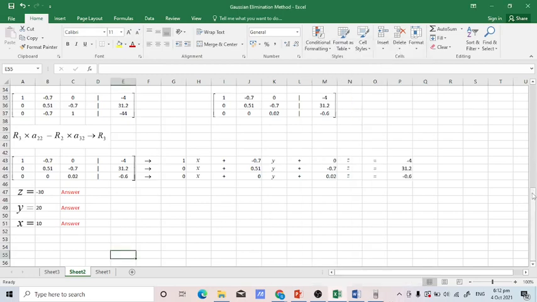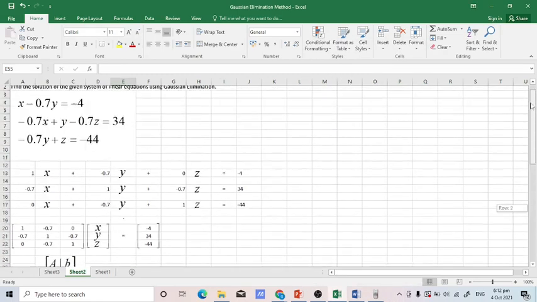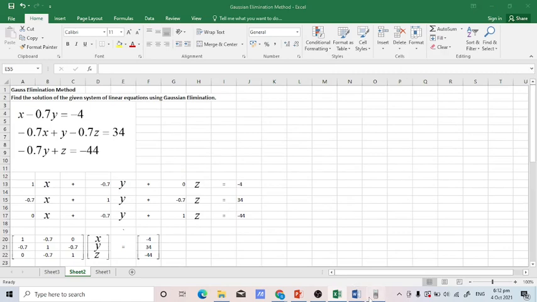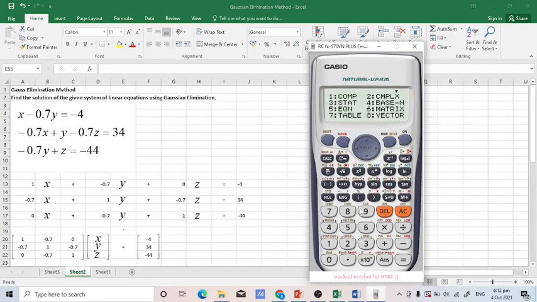Okay, ano yung mga given natin? So, meron tayong mode, 5, 3, 2. So, 1, negative 0.7. Then, 0, 0Z.